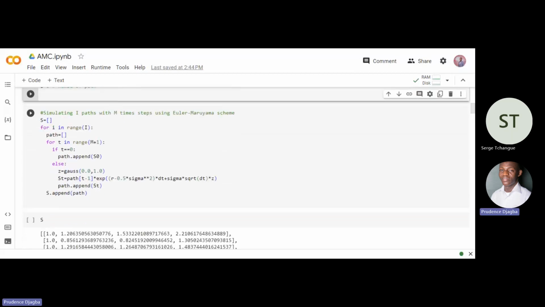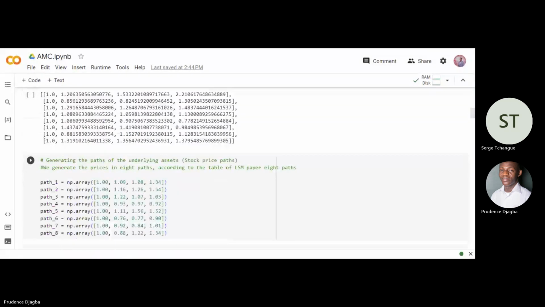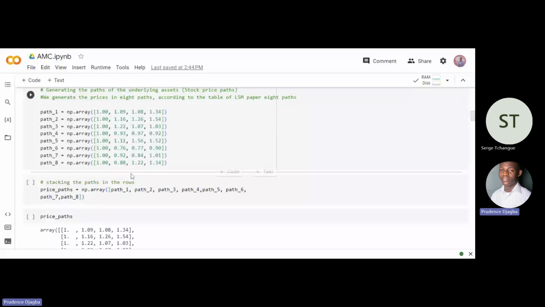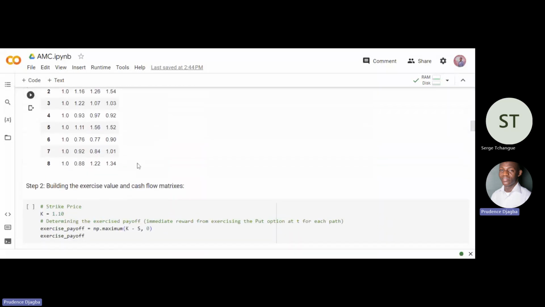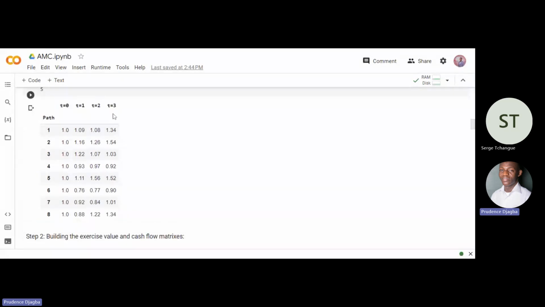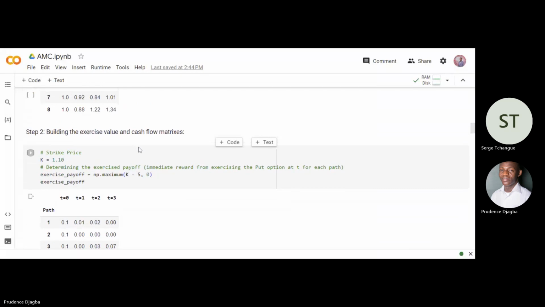So then I just simulate 8 paths, and from the algorithm that is there, first of all, we need to start with the maturity, t equal to 3, and from the maturity we can now go backward and start evaluating the expectation and check whether the price is less than the exercise payoff.